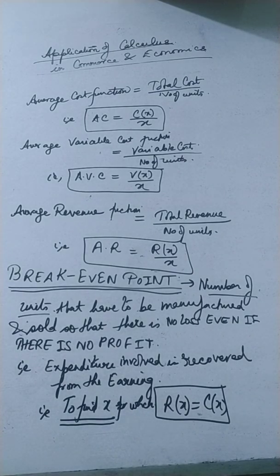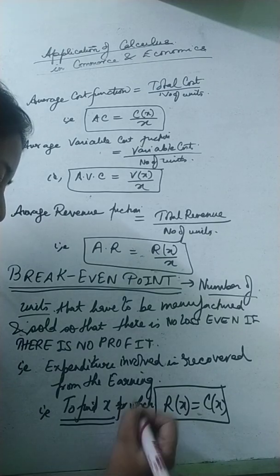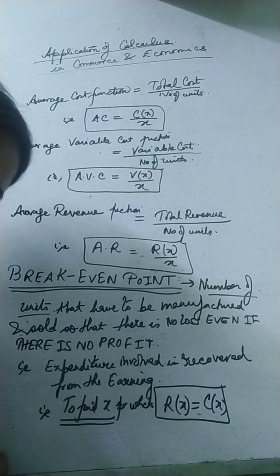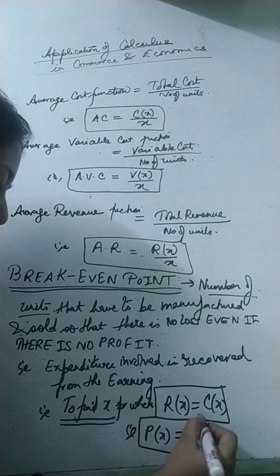In fact, there is an alternative way of writing it also. If Rx is equal to Cx, what will happen? Remember that expression, Px, the profit function. Profit function is Rx minus Cx. So therefore, Rx minus Cx will be 0. In other words, the profit function has to be 0.